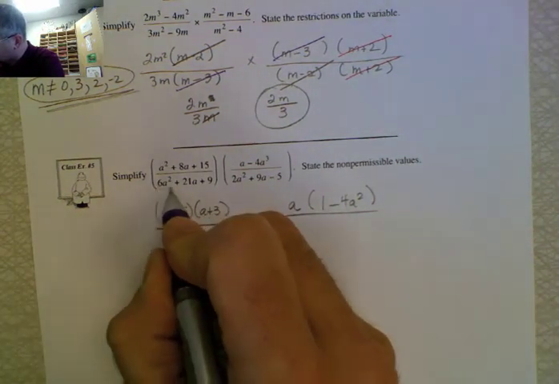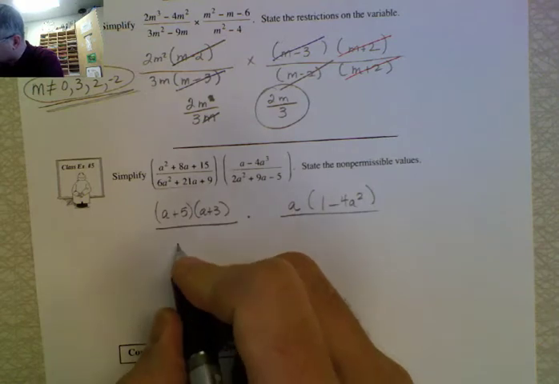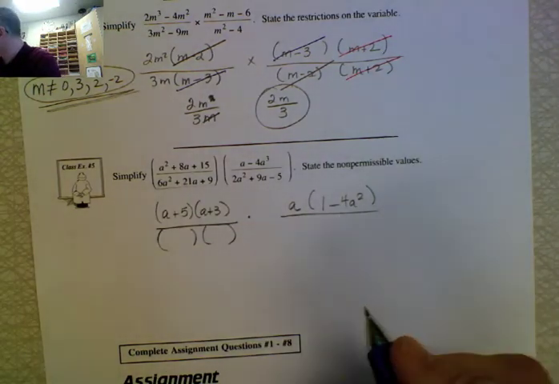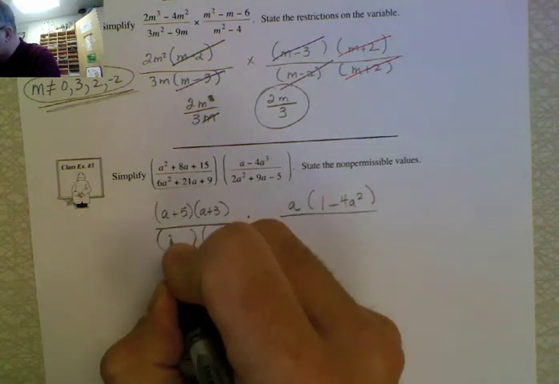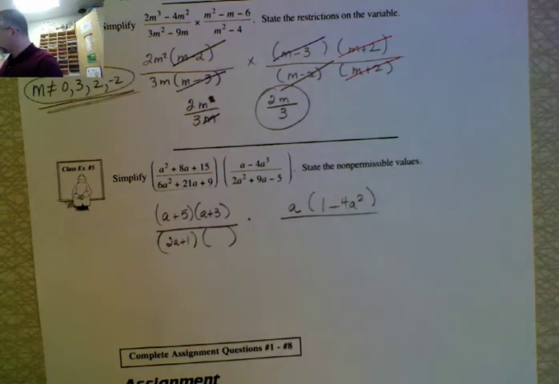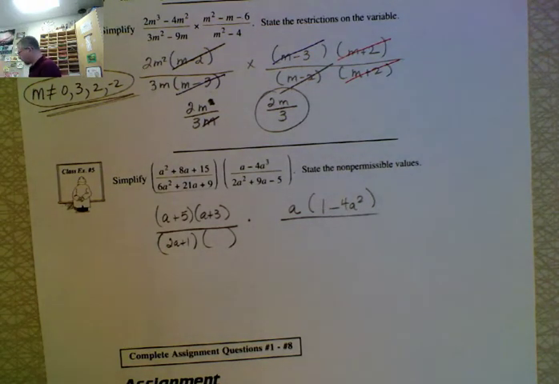If I now look at factoring here, let's see what we're going to get. We're going to get 2a plus 1. Oh, hold on, hold the phone. We can actually take out a common factor in this denominator before we get started.